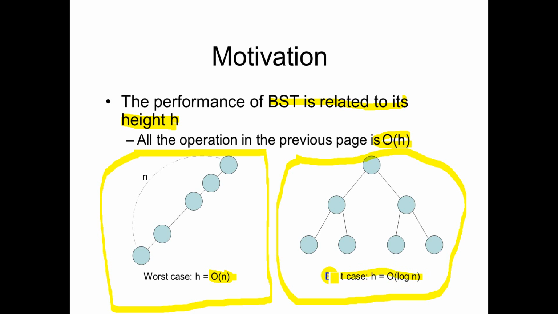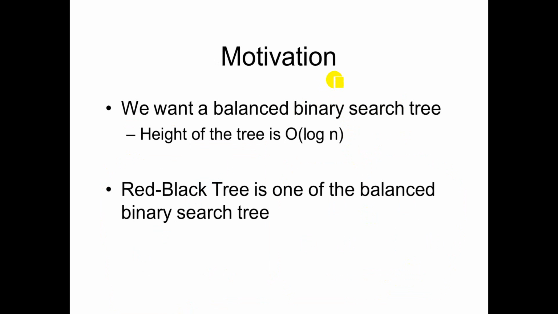Therefore, our goal is to get such a binary search tree in which the height would be O(log n). So we want a balanced binary tree in which the height of the tree would be O(log n). So how to get that?